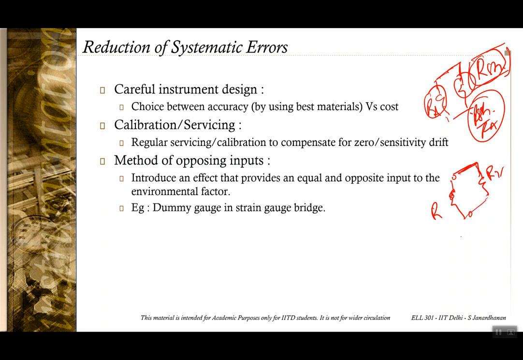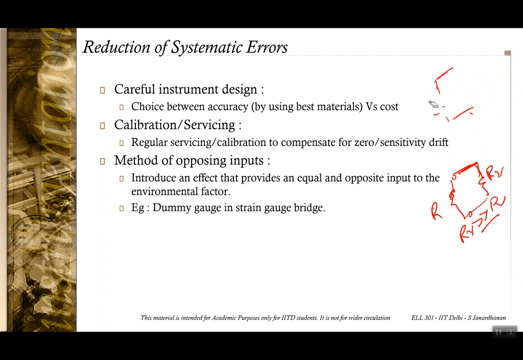Now, one easy way is that the voltmeter resistance can be increased to be a lot larger than the circuit resistance. Now, the side effect of this is that the current that flows through the voltmeter is V by RV. That is the current flowing here. Now, if RV increases, this I is decreasing, which means that the sensitivity of the instrument is actually decreasing.